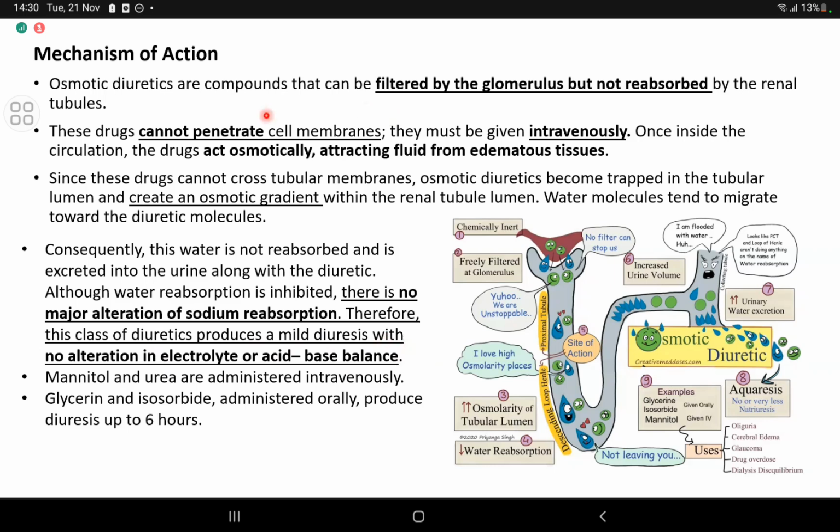So normally it is given intravenously, especially mannitol. Some of them can be given orally, but we don't normally give them orally because they cannot penetrate your cell membrane. Meaning that when you give them orally, the drug cannot be absorbed. Glycerin and isosorbide are sometimes or mainly given orally, and then the diuresis may last up to 6 hours.